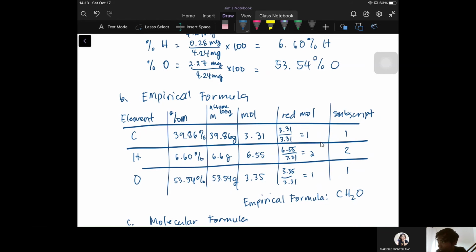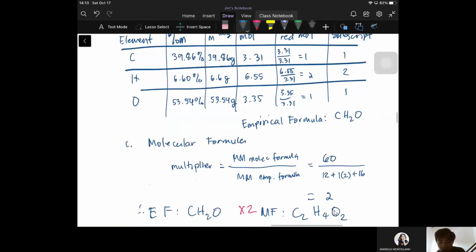Okay, again, pag ito ay 0.9, i-round up na. Pag yan ay 0.01, i-round down mo na. Ang hindi lang pwedeng i-round ay yung 0.5 pati 0.33. Yung 0.5, imumultiply mo yan lahat by 2. Pag may 0.33 dyan, imumultiply mo lahat sa 3. Okay, so you will get your subscript. Then that's your empirical formula.